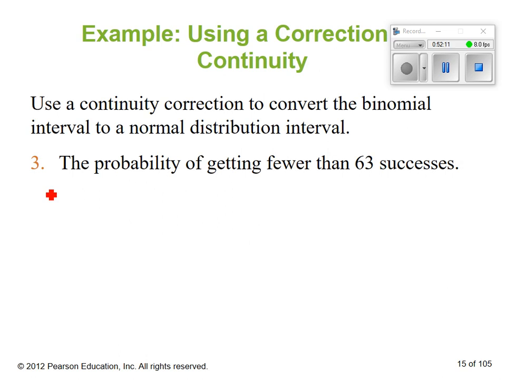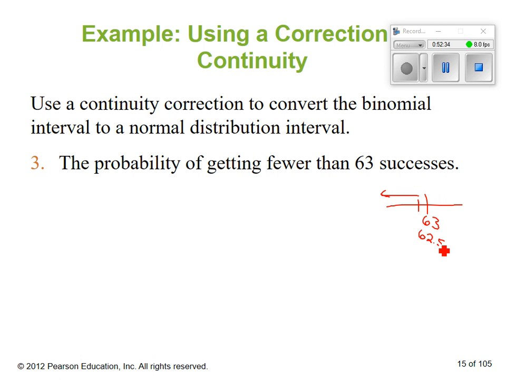Probability of getting fewer than 63. So we're at 63, what does getting fewer than 63 mean? 63 or 62? Fewer than 63, do we want to include 63? No, so where would we start? 62.5 and down. We want to go from 62.5 and down.